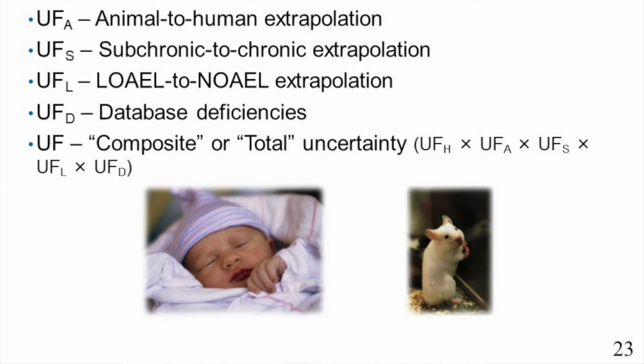And so typically the uncertainty factors range from 1 to 10, depending on the quality and the quantity of our knowledge. So if the knowledge is limited, we have 5 orders of magnitude uncertainty.